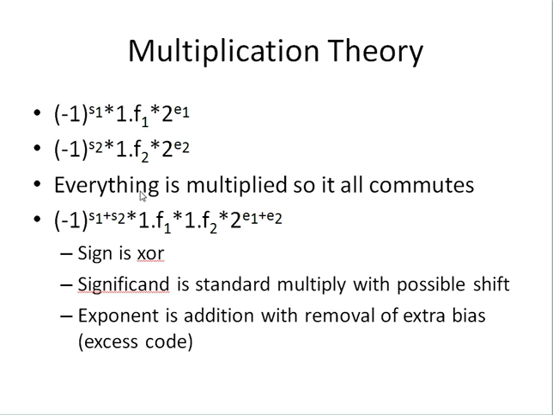The significand, we're taking 1.f1 times 1.f2. So we're just multiplying those. Now I note here a possible shift, because if you've got two numbers here that are sufficiently large, it is possible that 1.f1 times 1.f2 could be 2 or larger. So you'd have 1, 0 dot something or other. Remember, we can only have 1 dot.